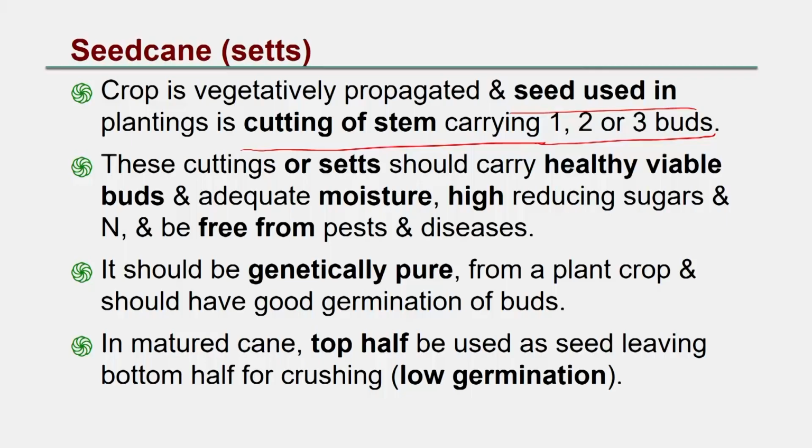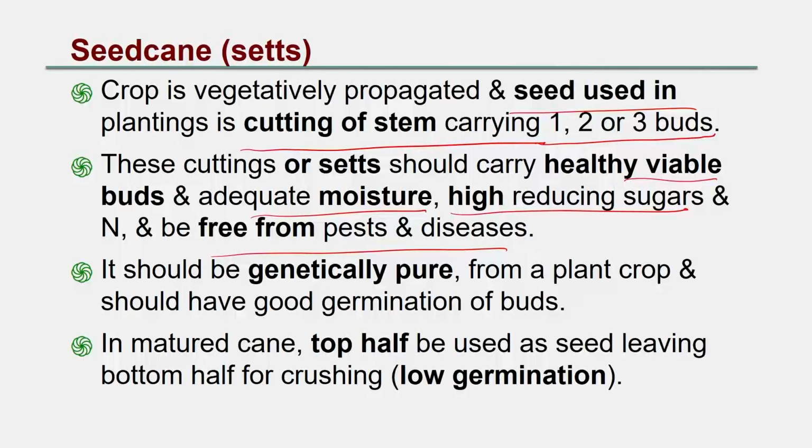These cuttings or sets should carry healthy, viable buds and adequate moisture, high reducing sugars and nitrogen, and be free from pests and diseases. So these should be the characteristics of an ideal set. It should be genetically pure from a plant crop and should have good germination of buds.